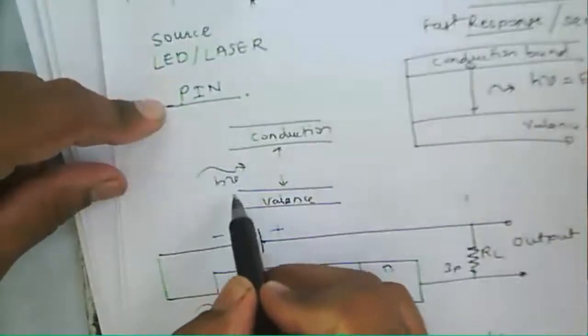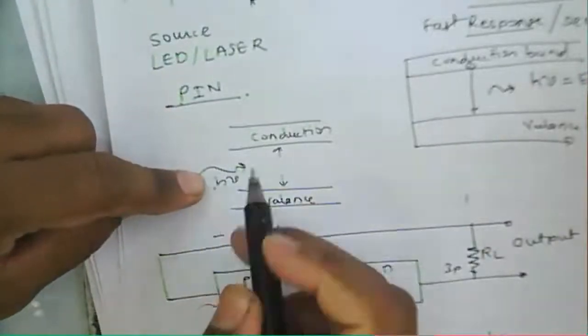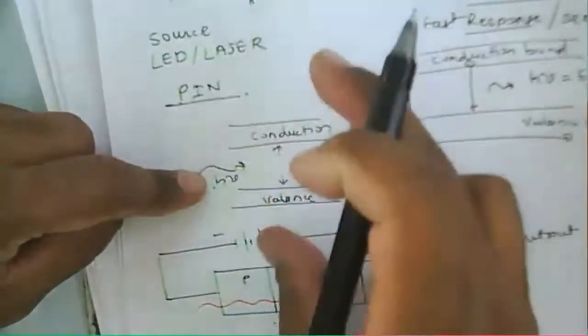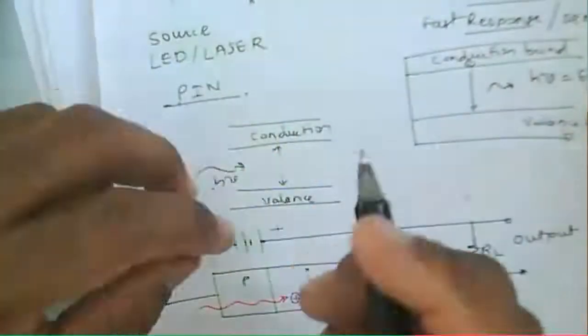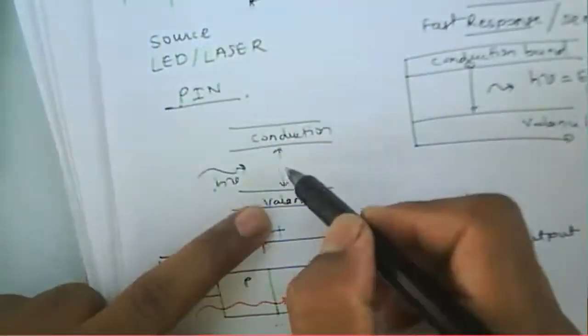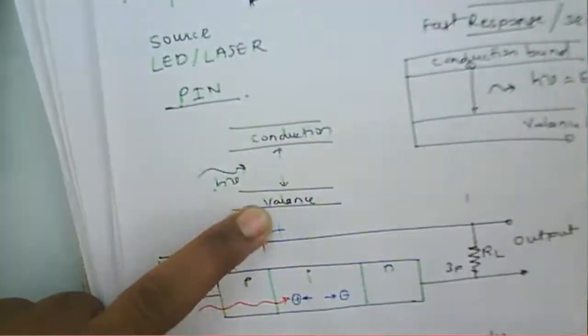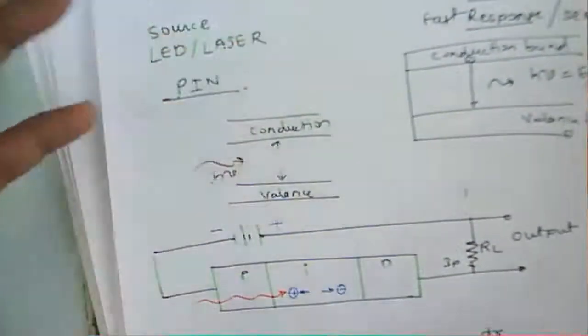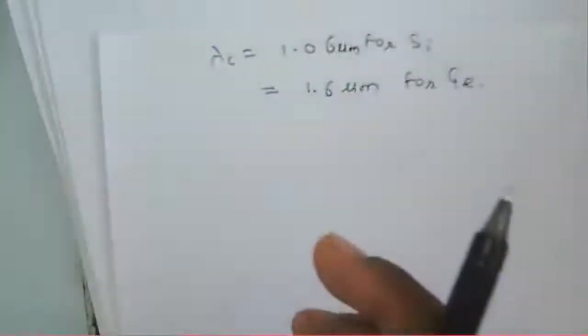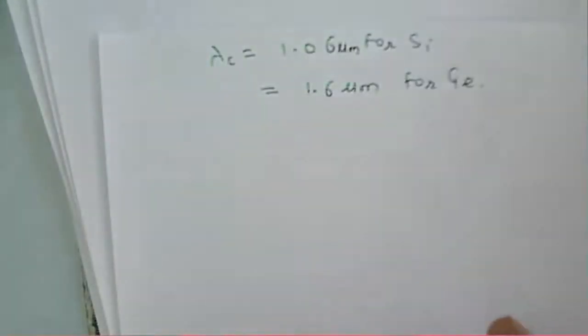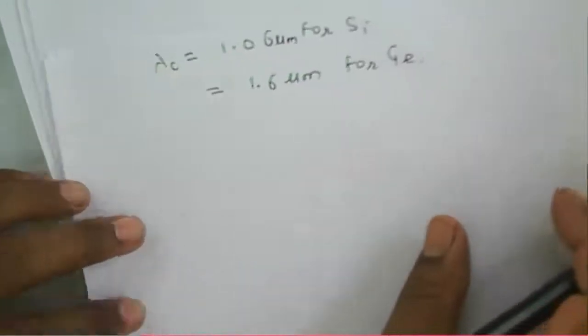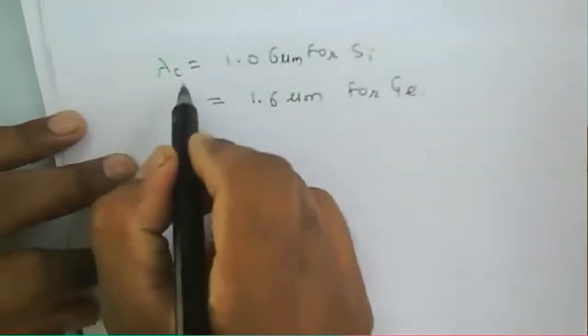Because hν, the energy gap, is depending upon the wavelength, and if the material has a longer wavelength, it will not generate the electron-hole pair, or the electron will not move from the valence band to the conduction band. So then no current will be flowing through it. That's why we should know the cutoff wavelength for a given material.